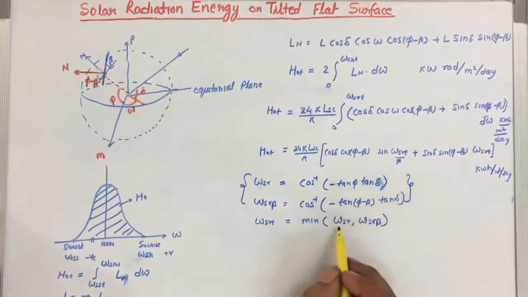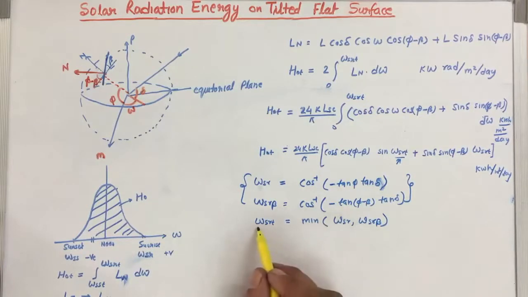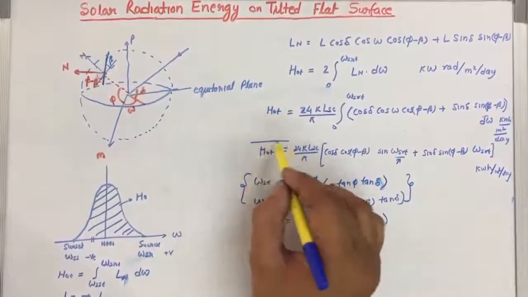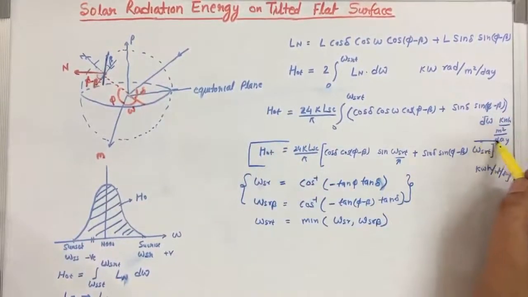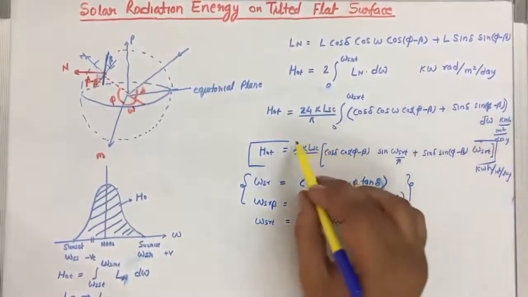The one which has the minimum value of these two will be considered as the sunrise hour angle for the tilted surface, and the remaining things are okay.